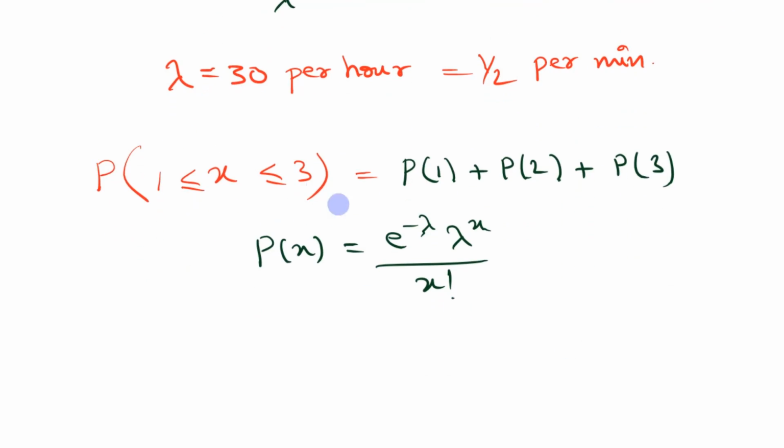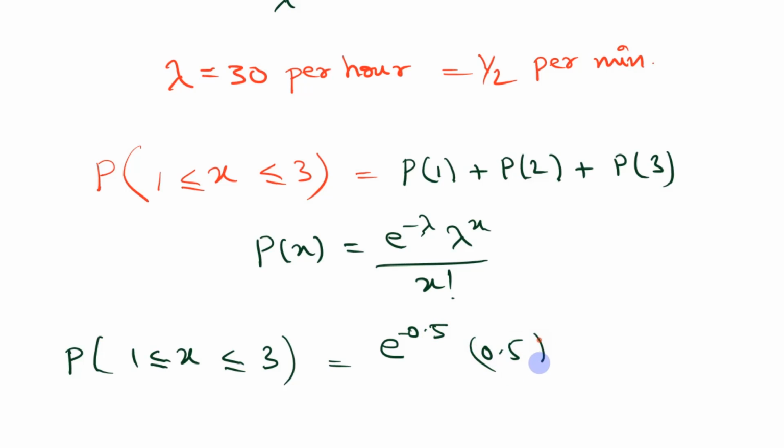So if we calculate this probability, we can write P(1 ≤ x ≤ 3) equal to e to the power of minus 0.5 into lambda value 0.5 to the power of 1 divided by x factorial, x is 1 here, plus e to the power of minus 0.5 into lambda to the power of x.